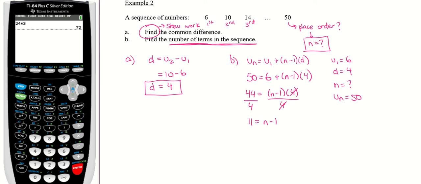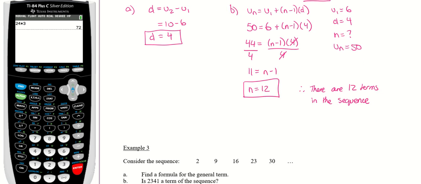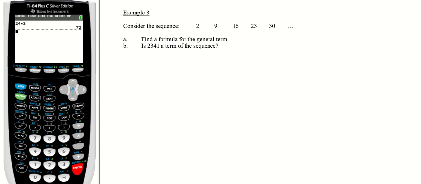And I get 11 equals n minus 1, which means n equals 12 when I add 1 to both sides. So therefore, there are 12 terms in the sequence. So that's an example where you're still using the same formula, you're just searching for or solving for a different variable in that formula. Okay, so here's another example.